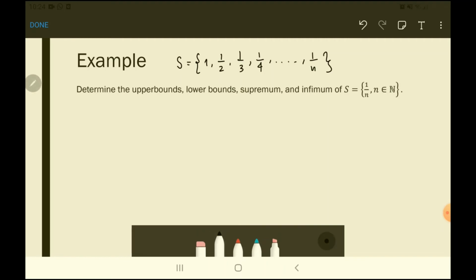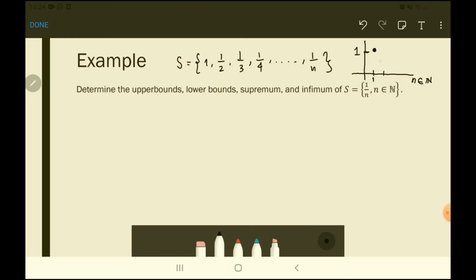Another way to see this is to put it into a Cartesian diagram. Let's say this axis is the natural numbers, and this is the value, let's say 1. For n equals 1 it's going to be 1 over there.